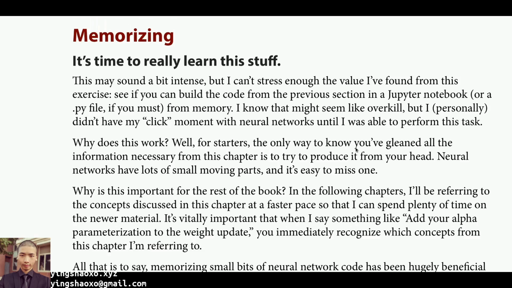From my personal experience, when you're programming, the memory stuff will take you a lot of time, more than thinking about mathematics. Okay, I'll pause this video and do this exercise by myself.